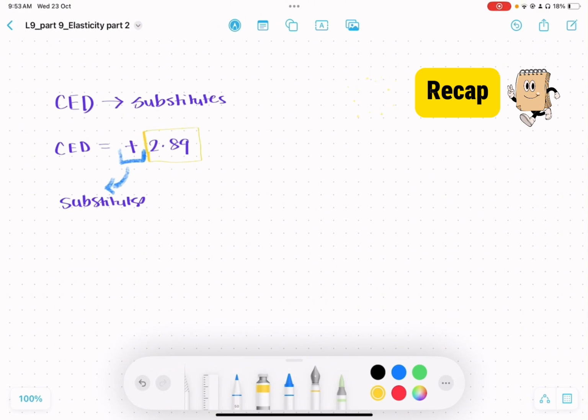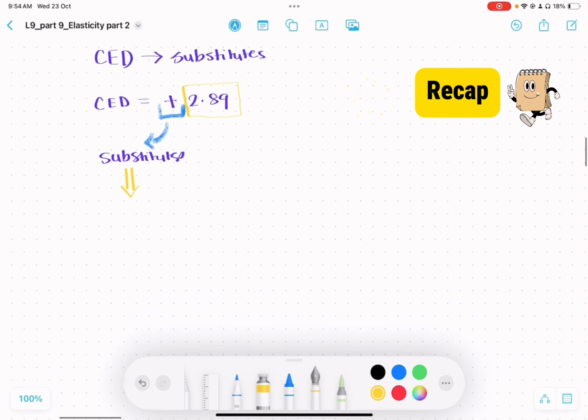So first, let's spend a bit of time understanding why we're calling them substitutes when we see a plus sign. Well, remember that the formula for the cross elasticity of demand is equal to the percentage change in demand for good B due to a percentage change in price of good A. And so the sign comes from watching how these two variables move.